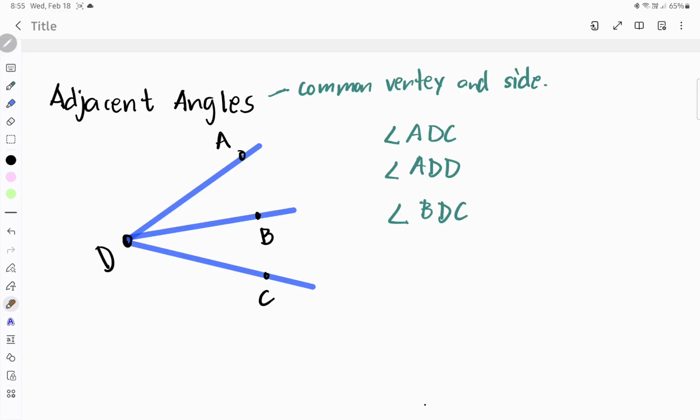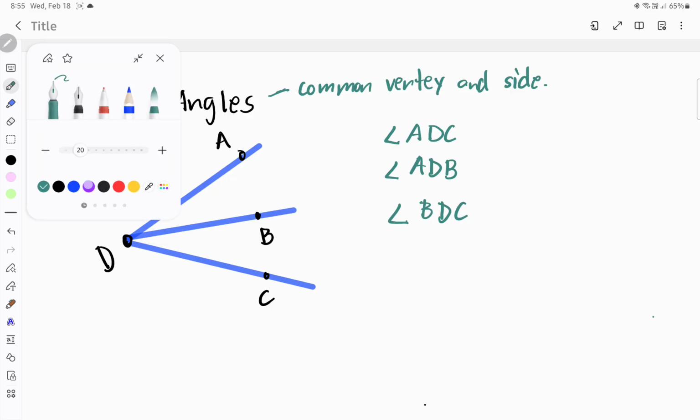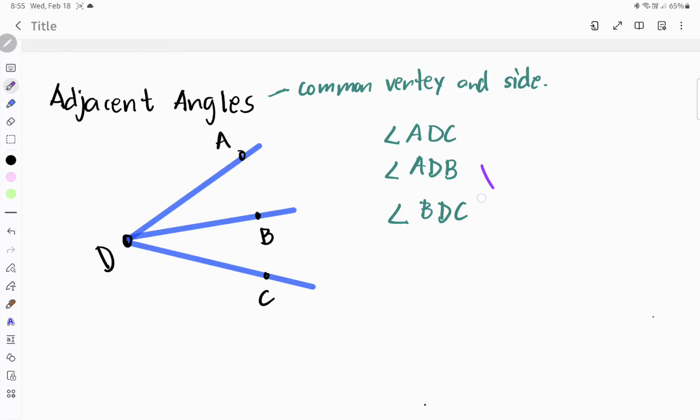In these three angles, two are what we call adjacent angles, small angles within a big angle. Why are they adjacent?